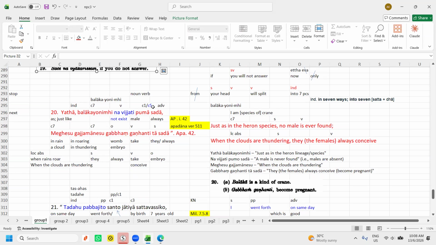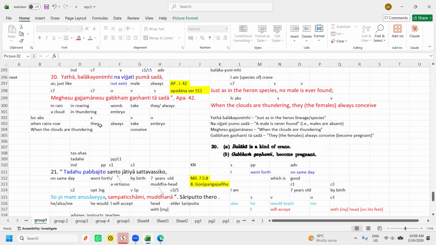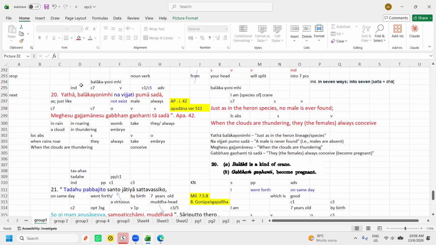So normally in Pali translation, yata seldom comes at the beginning. So in this case, in the beginning, you put it like that. Here it means just as, so this is the indefinite. Besides this, how do we know that this will be like that?